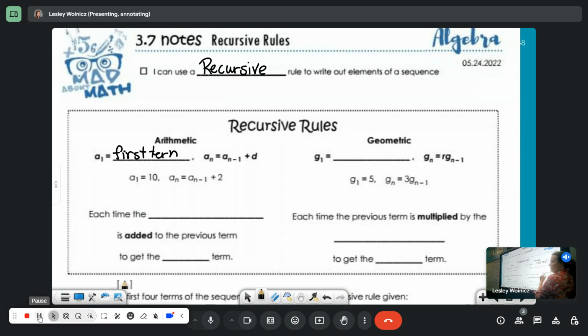Okay, a sub 1 is the first term, term 1, of an arithmetic sequence. Then it's telling you the rule to find more terms. It's saying the next term in the arithmetic sequence is, you take the previous term and you add the common difference. You guys see the little d for the common difference?